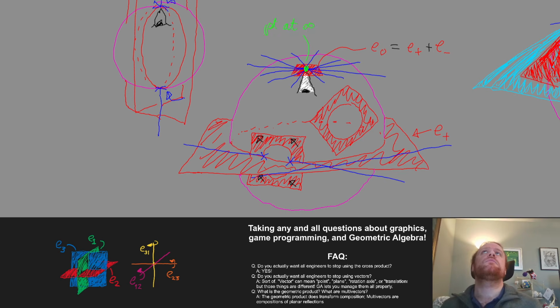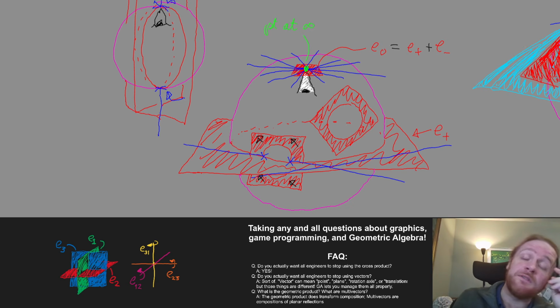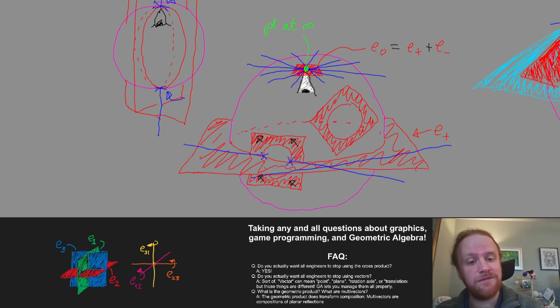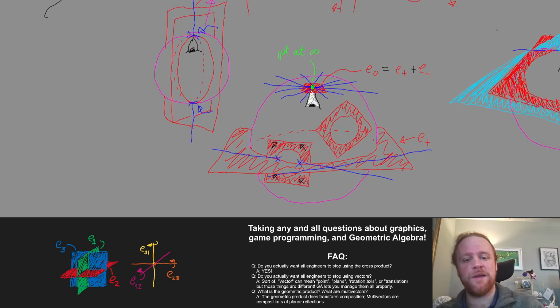One of the weird, annoying things about reading conformal geometric algebra is that people say that PGA has the plane at infinity and CGA has the point at infinity, but actually they both have both. Like I say, E0, which is usually the plane at infinity, or the line at infinity in 2D PGA, is E plus E minus in CGA, and the point at infinity is, well, you might be able to figure this out for yourself.